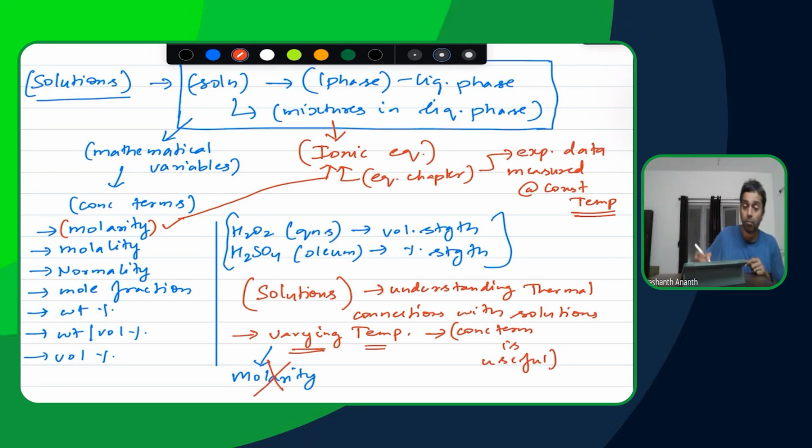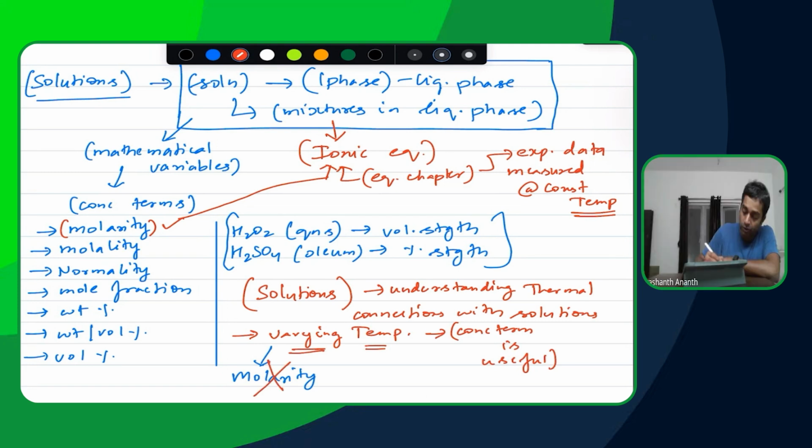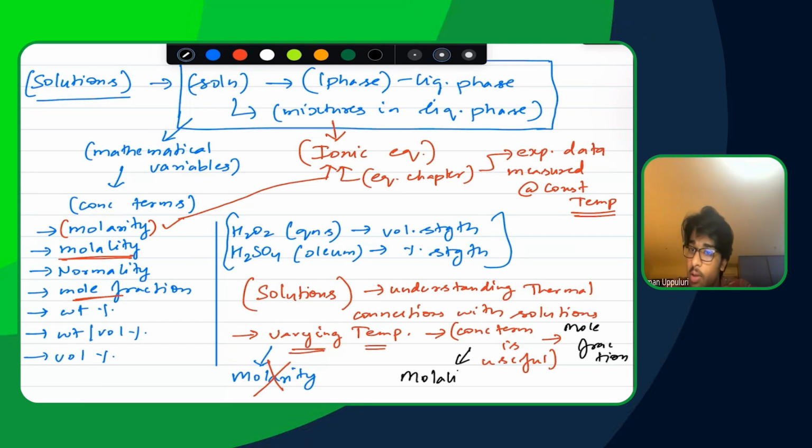Molality. It is not volume dependent. So this becomes more useful now in this chapter. The concentration terms that are useful in this case are mole fraction and molality, whichever doesn't depend on volume.